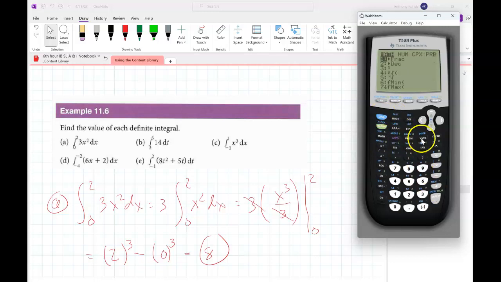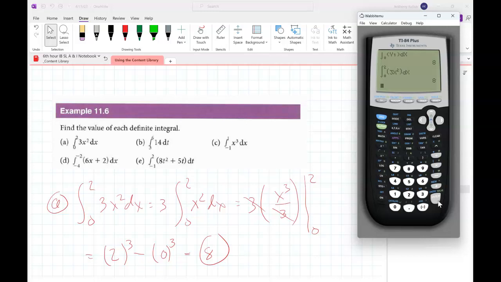So again, what Gavin was asking, could I do 0 to 2 and just put the 3x squared right here directly? You absolutely can do it that way. It's just a matter of what else you have to do in that problem, right? So if I have to graph it or do something else, or if I have to do that a bunch of times, oftentimes I'll put it in the y1 spot.